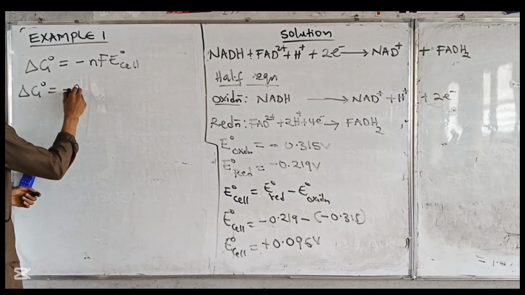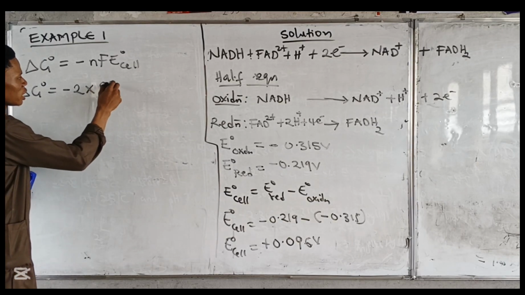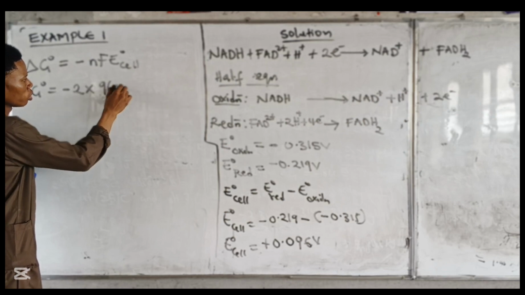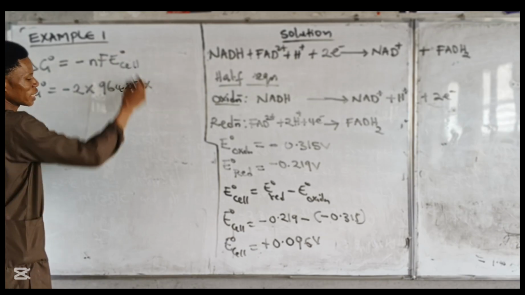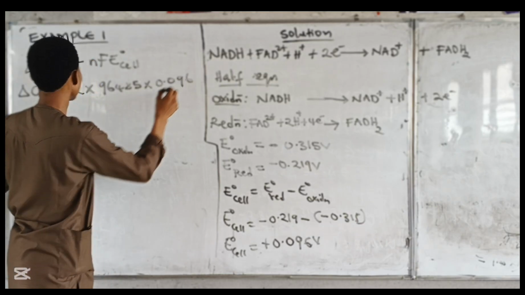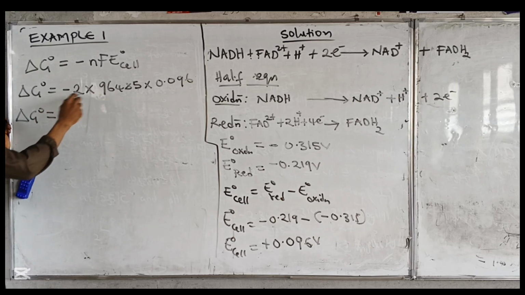So 2 times, what is the value of F we're given? 96485 times E0 cell, we've calculated it as 0.096. So delta G0 is equal to minus 2 times this times this.